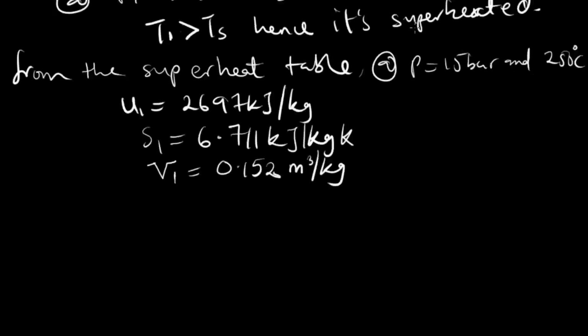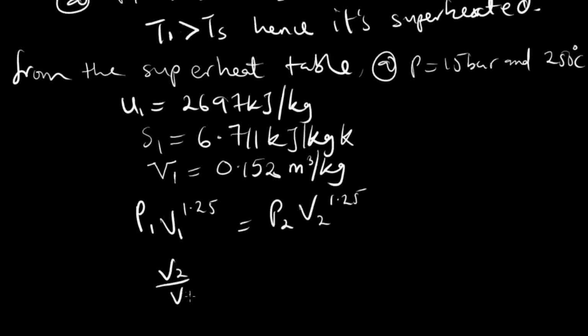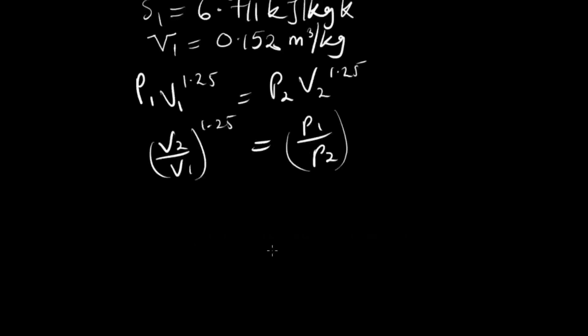So from our polytropic law, we have that this is this and that is that. Okay, so V2 over V1 is equal to P1 over P2 raised to 1 over 1.25. V is specific, is what I use for specific.